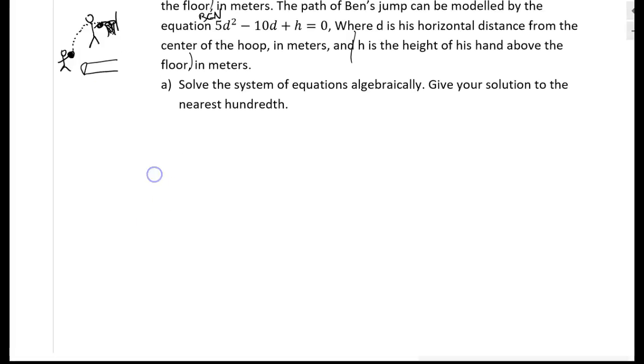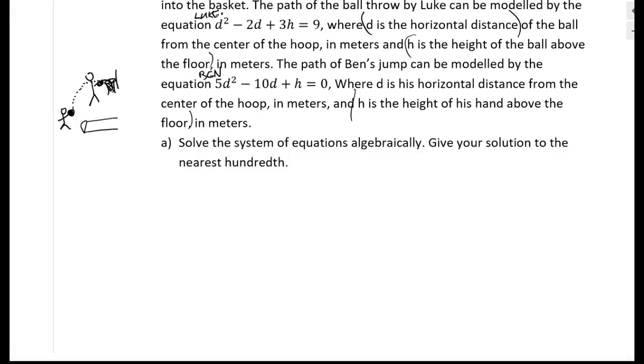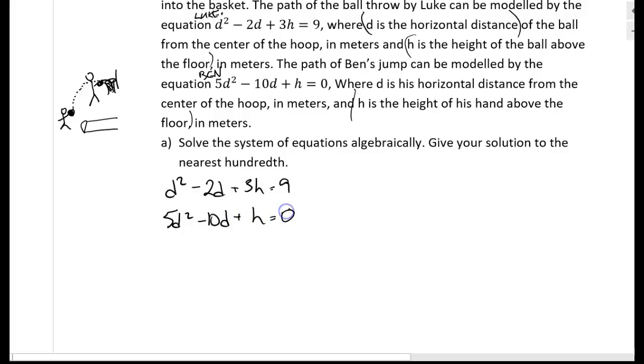So let's solve this algebraically. I am going to do this by elimination. So I've got d squared minus 2d plus 3h equals 9, and I've got 5d squared minus 10d plus h equals 0.